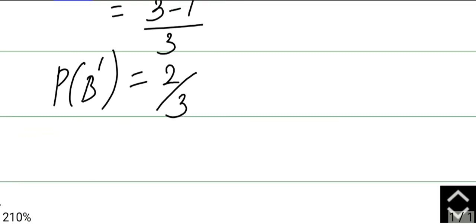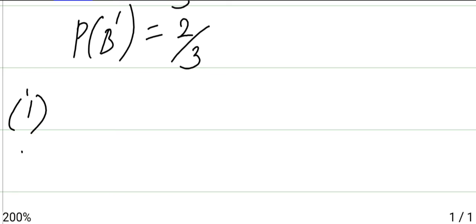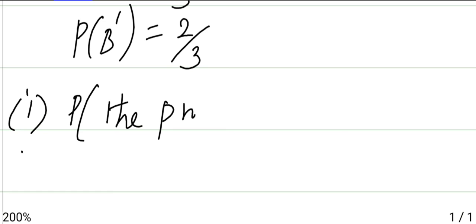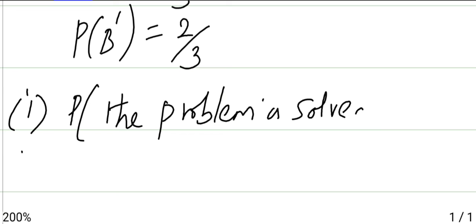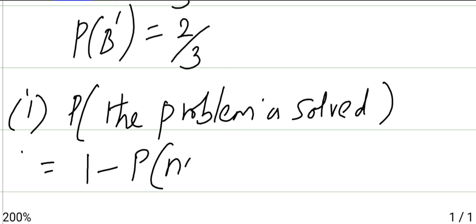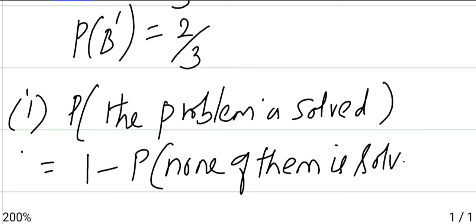Now the sub questions they have given. The first sub question is the probability that the problem is solved. That will be equal to 1 minus P of none of them solves the problem.